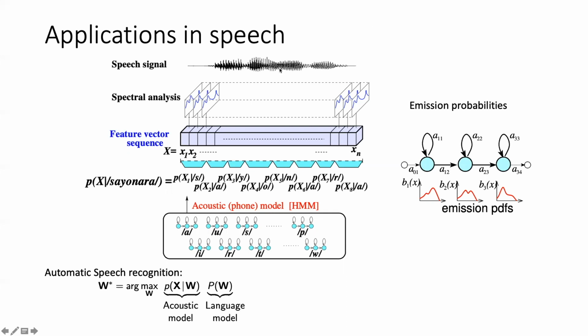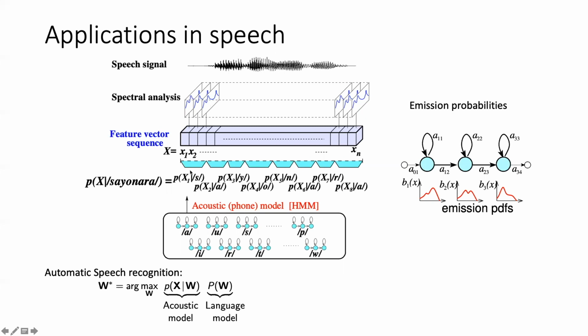Let's say given a speech signal, it is first segmented into short windows of duration 20 to 30 milliseconds with an overlap of 10 milliseconds in successive frames, and we extract spectral features. These are used as a feature sequence x1 to xn.